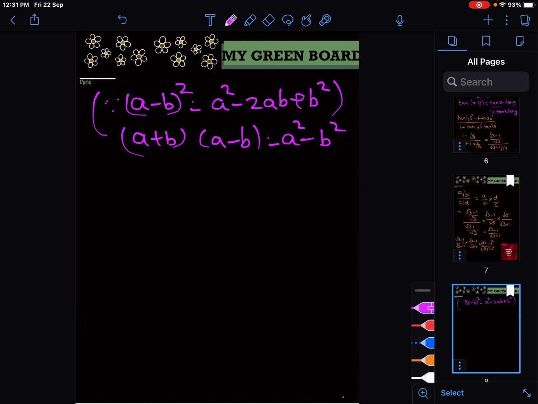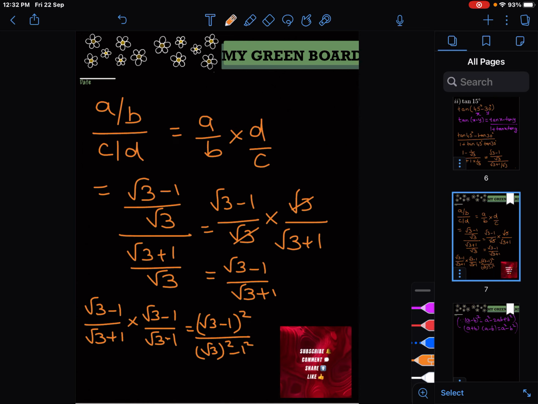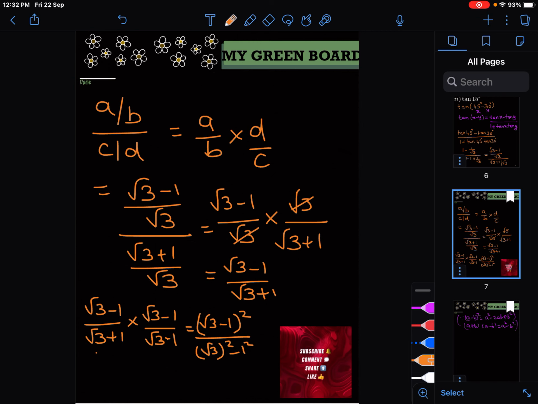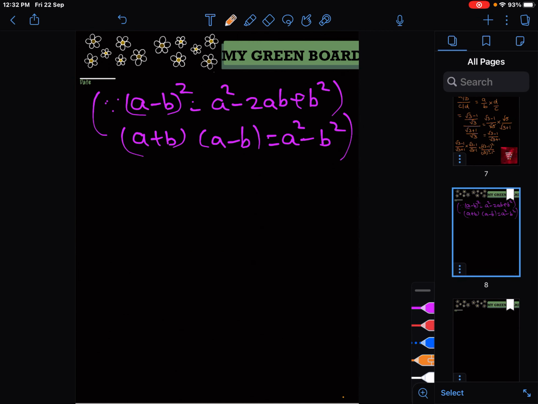These are the two formulas I have written in the previous step, one for the numerator and one for the denominator.